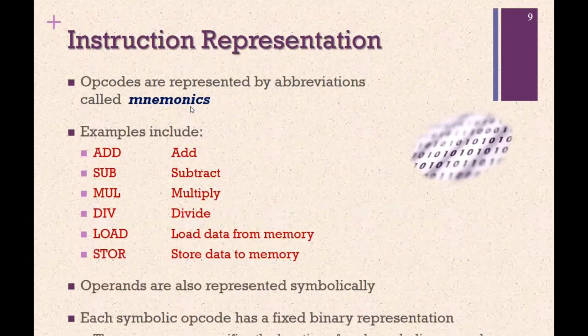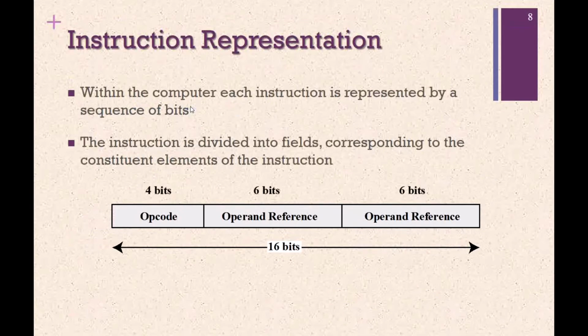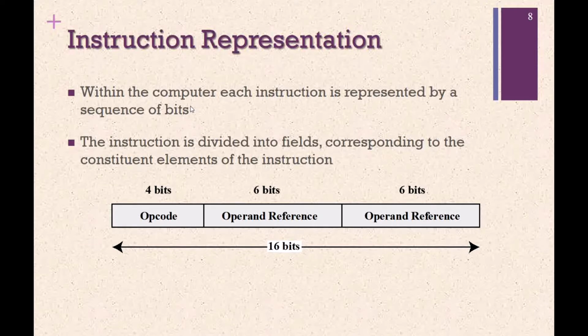The next topic is instruction representation, the way in which we represent the instruction. Within the computer, each instruction is represented by a sequence of bits. In a computer system, we play with bits and bytes.